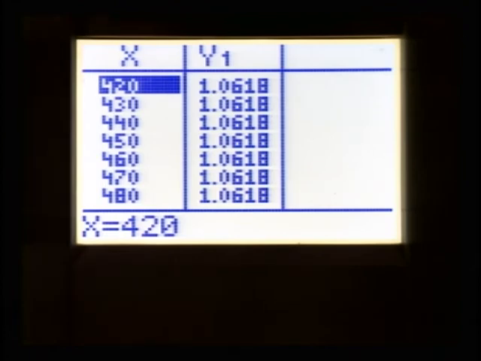Look at that. Looks like at 4 decimal place accuracy with 420 compoundings in a year, it's homing in on this value of 1.0618 approximately.